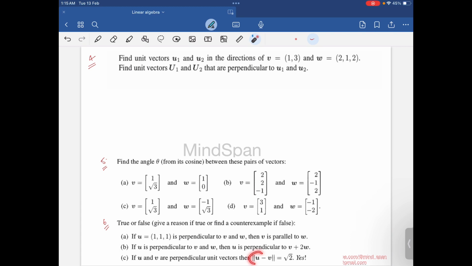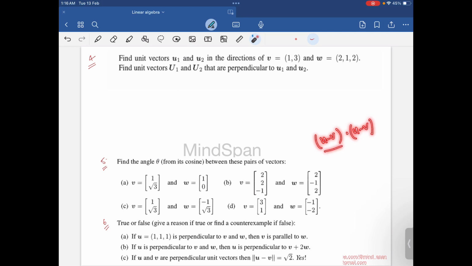If you have to find the length of u minus v, u minus v is nothing but a linear combination of u and v, and this u minus v will again be a vector, simple. You can take it as a w vector, or let it be u minus v, right? If I ask you what will be the length of this vector u minus v, what will you do? You will simply take the dot product with itself, right?